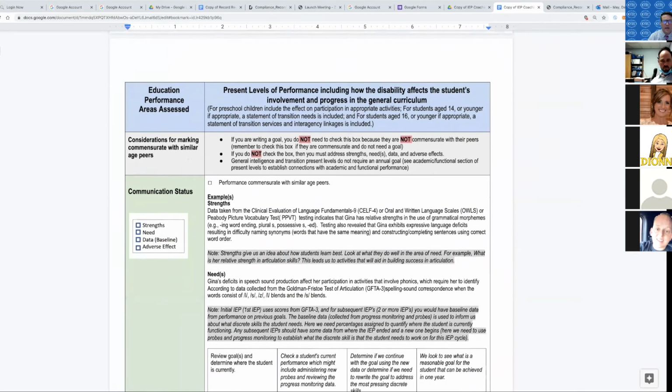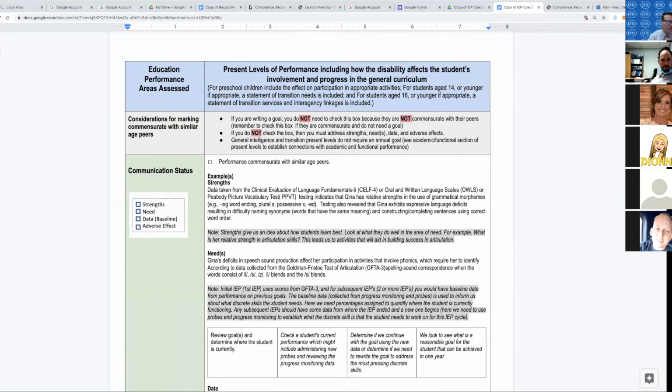Okay, so what we did is we took, and with our IEP Coaching tool, we went in and we looked at the present level. And we said, you know what, there's certain things you have to have in present level. If you look here by communication status, you see that there needs to be strength. Anytime this box is not checked, anytime the student is not commensurate with similar age peers, anytime there's needs involved and you're going to address those needs, anytime you leave that box unchecked, you must have strengths around skills.